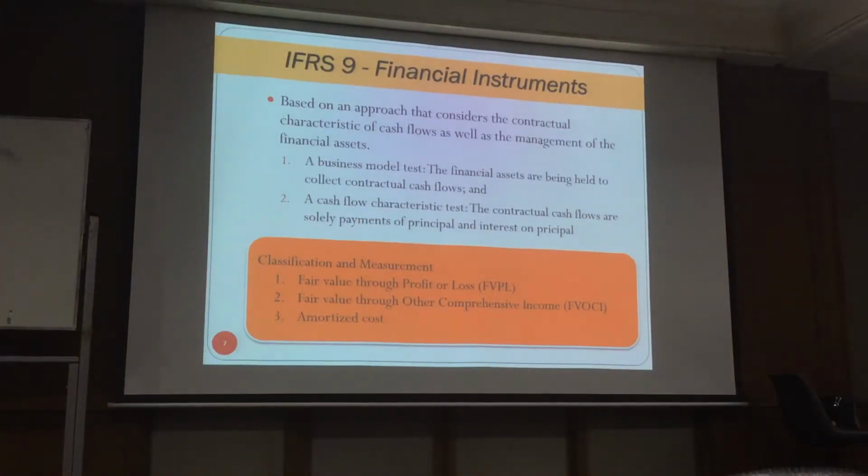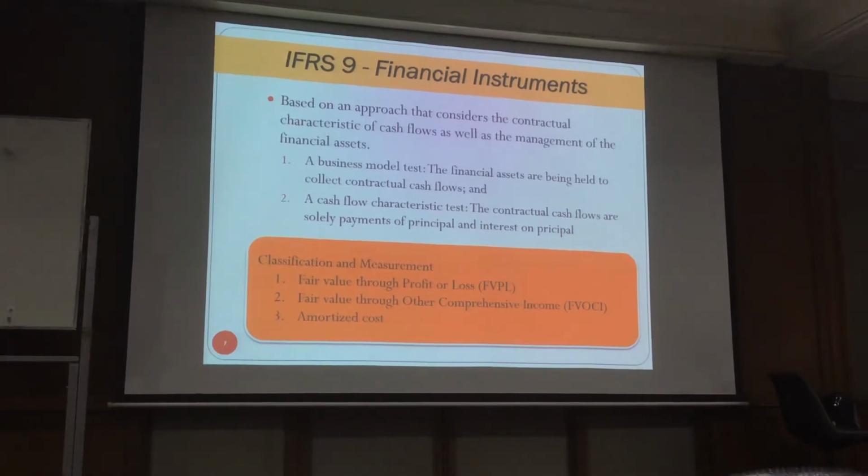Okay, now to summarize, you may have heard about mark to market. You heard about amortized cost, that is for Thai Accounting Standard 105. Now, when you graduate, you're going to see this accounting standard, IFRS number 9.